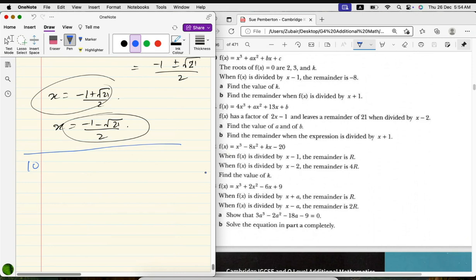Have we recorded the question? We have three unknowns. So 10 is the one at top, x cubed plus ax squared. Yes. Okay.